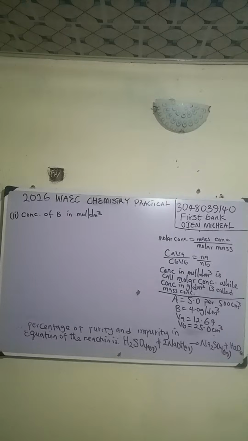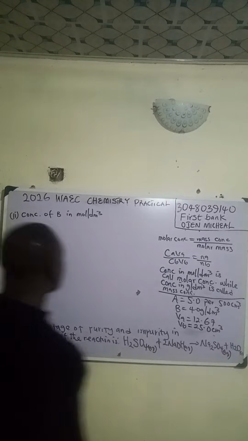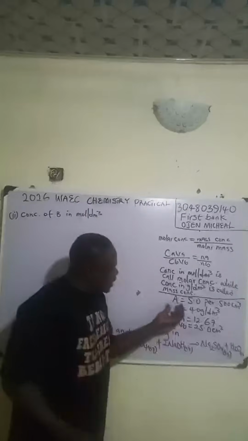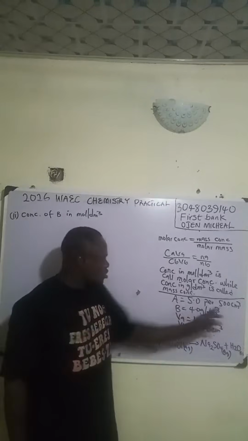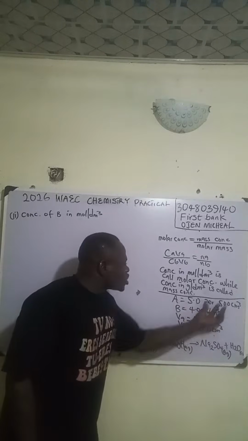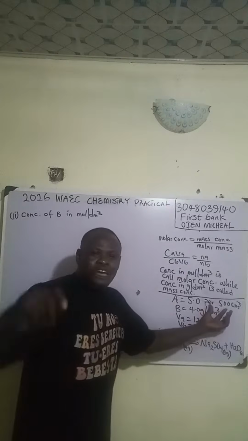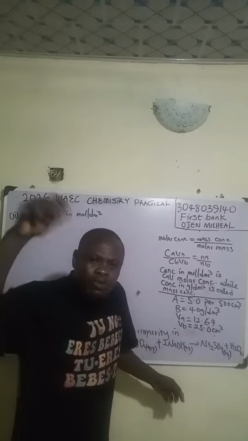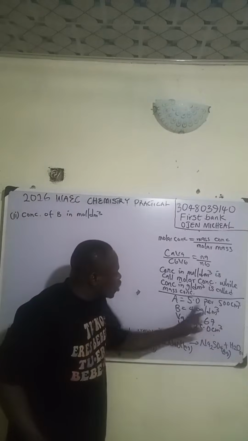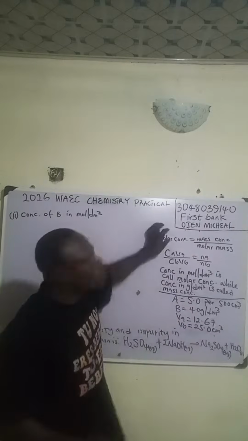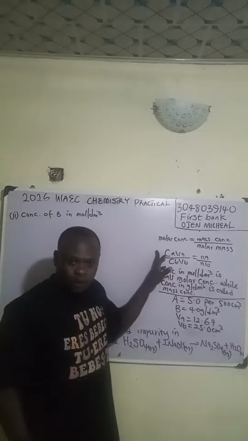All right. Now, anytime you are given, look at the question here. A is 5.0 per cm³, B is 4.0 grams per dm³. None of the concentrations is given in moles per dm³. Anytime in the question, one of the concentrations is given in moles per dm³, you go straight and use the second formula, not the first.